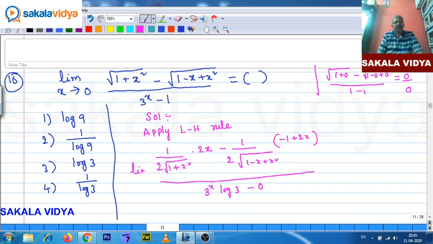So, limit x approaches 0. Now, substitute the limit. Let us see what we get.